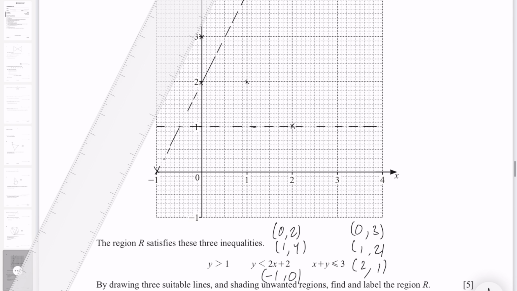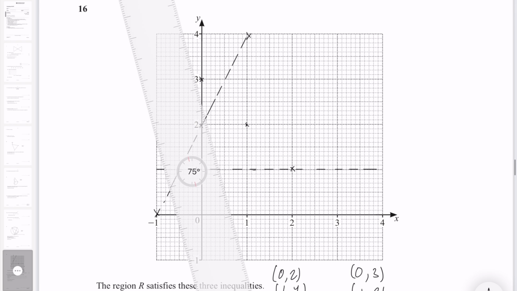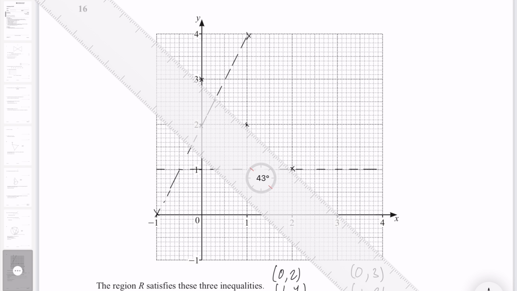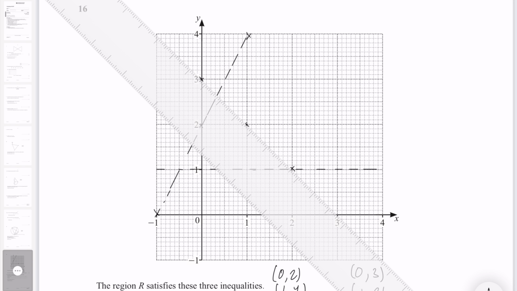And this is less or equal, so solid line. Gotta make sure I hit that right. Should be 45 degrees, looks good.